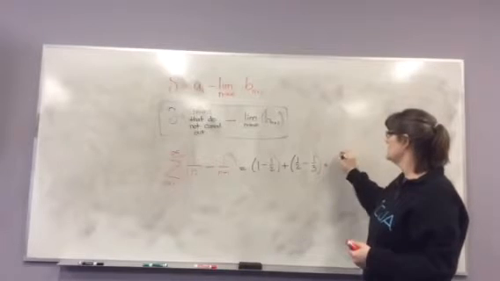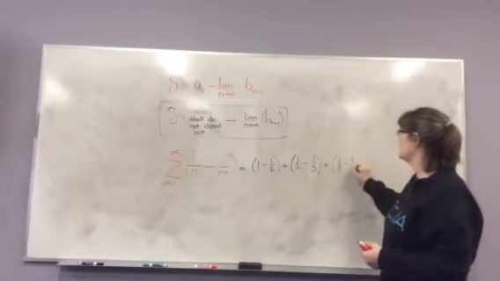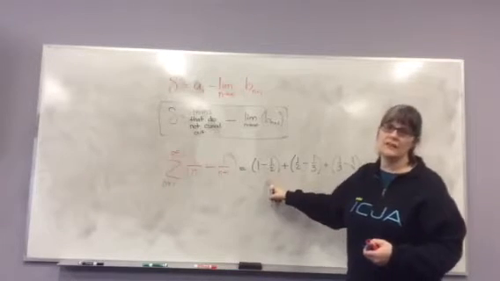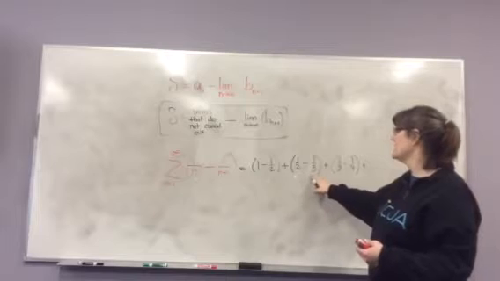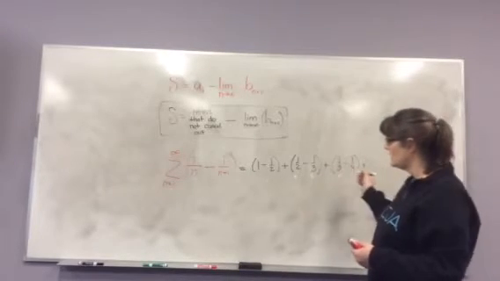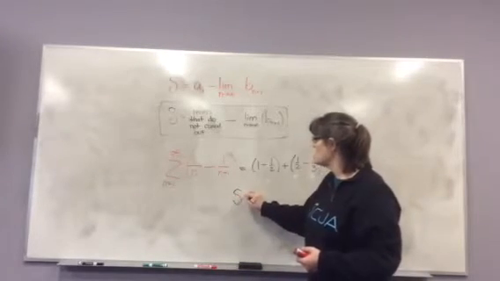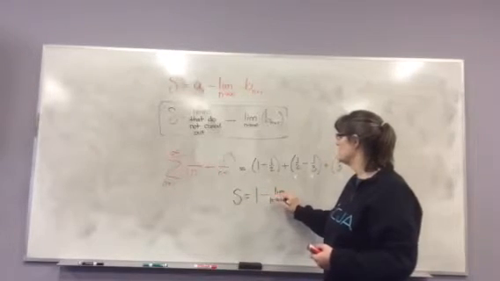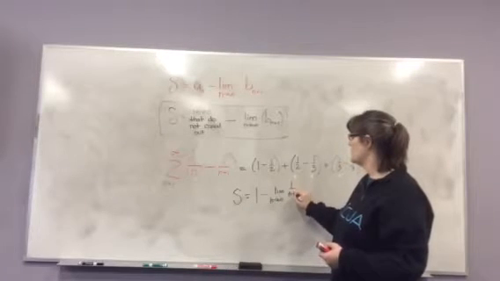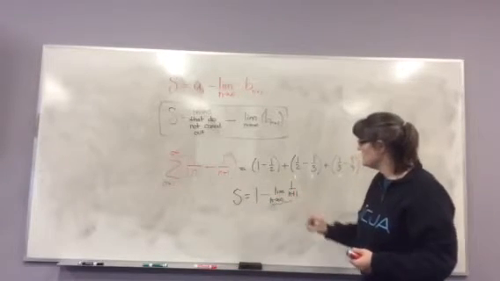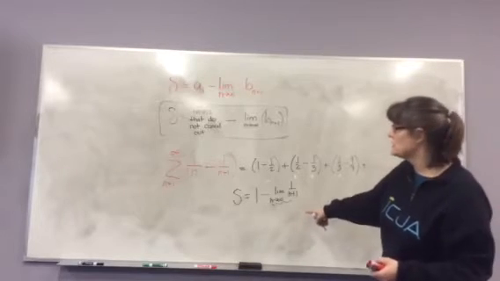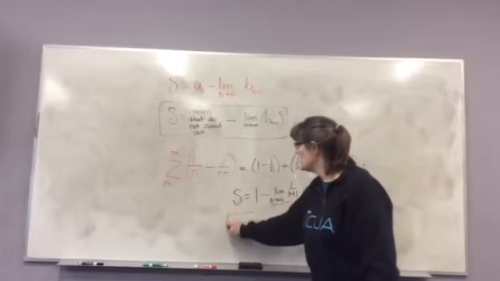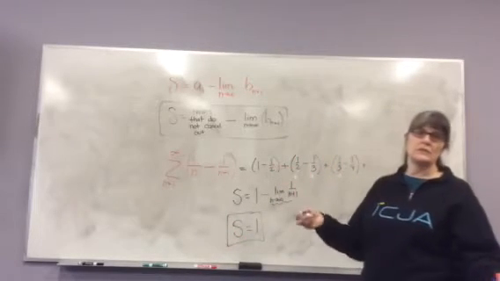When n is 3, I get 1/3 minus a fourth, etc. forever. So I notice that -1/2, +1/2 will cancel, -1/3, +1/3 will cancel, etc. So my sum will be 1 minus the limit as n approaches infinity of 1 over n plus 1. Well, this limit is going to go to 0, and it should always go to 0 if I'm telescoping. So in this case, my sum is 1, because that was the only term that did not cancel out.